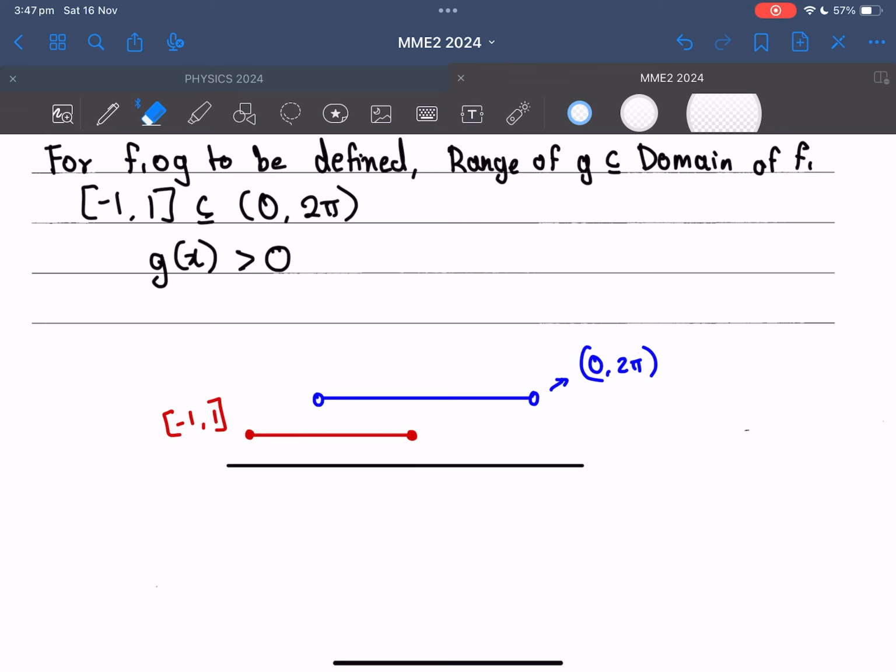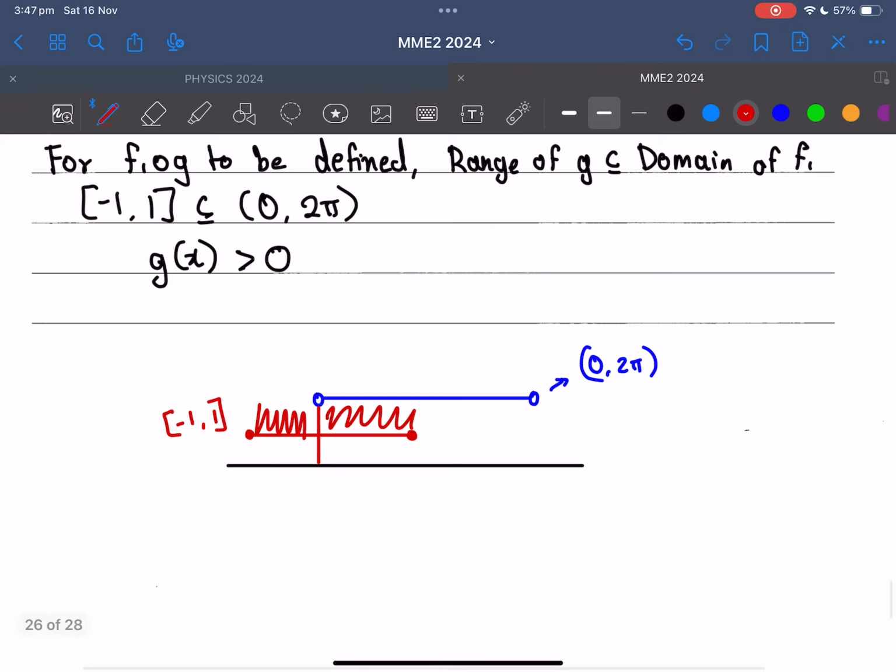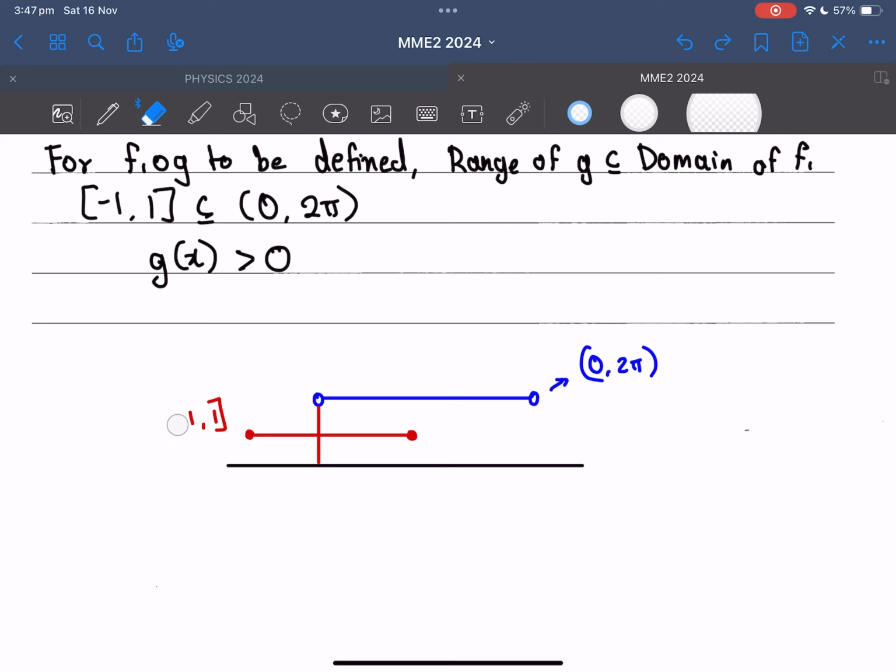Currently, as you can see, this part is not a subset. There is some part which is falling under the domain of f, but we want the whole thing to fall under the domain of f. So for that, what we need to do is restrict the range to become 0 to 1, with 0 excluded.